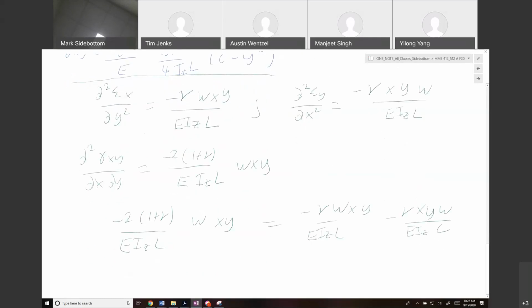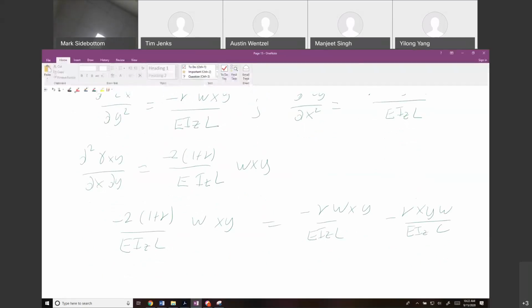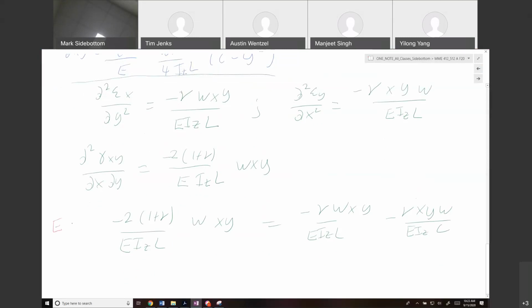In this case, we're going to multiply both sides of the equation by E IZ over L, and actually we'll divide by W as well, since that's a constant too.